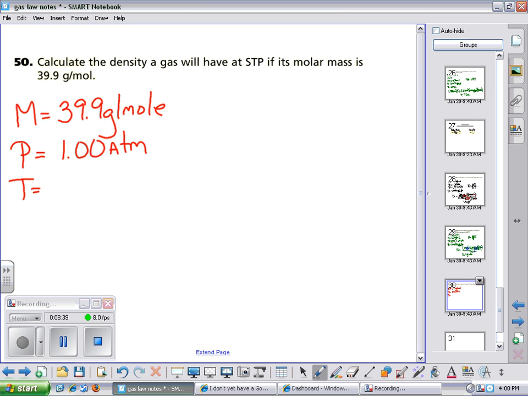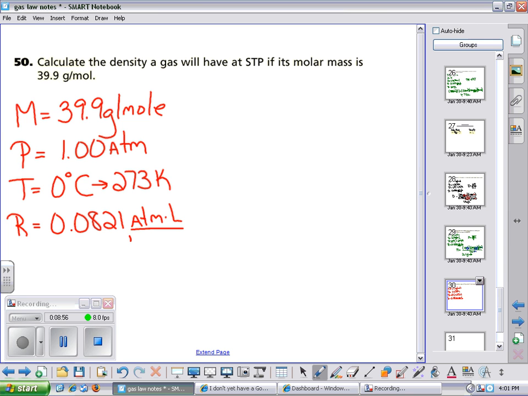Standard temperature is 0 degrees Celsius, so that's 273 Kelvin. The R value is going to be 0.0821. That's all we're going to need to solve for density. Density, again, is MP over RT.